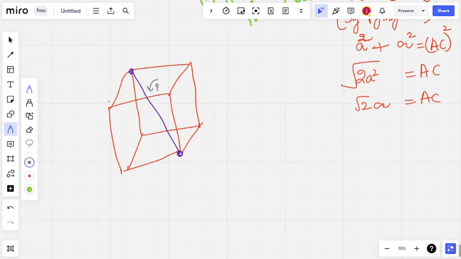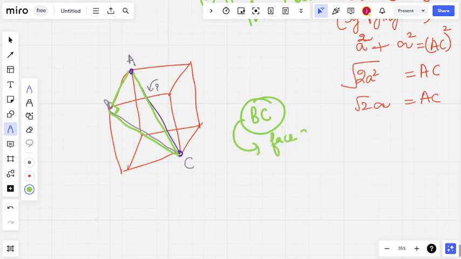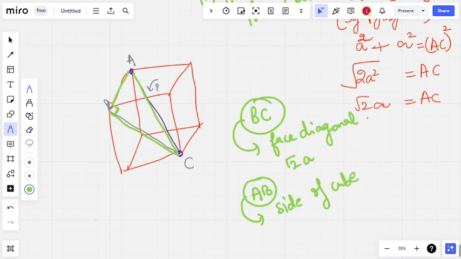Now if we consider this triangle ABC, this is the triangle that I am talking about, and over here there is a right angle triangle. BC, what is BC? We have just calculated it, this is the face diagonal, and its value we have already found, that is √2a. AB is the side of the cube and that we already have taken as A. So for triangle ABC, can we apply the Pythagoras theorem?